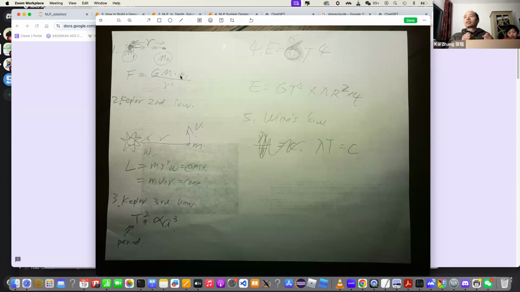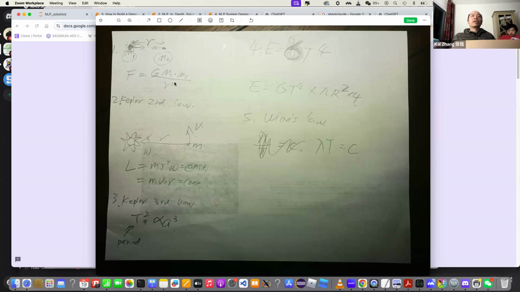And for the gravitational force between myself and Ethan, if Ethan is 2 times bigger, then the gravitational attraction between us would be twice as large. So the force is proportional to M1 and M2.